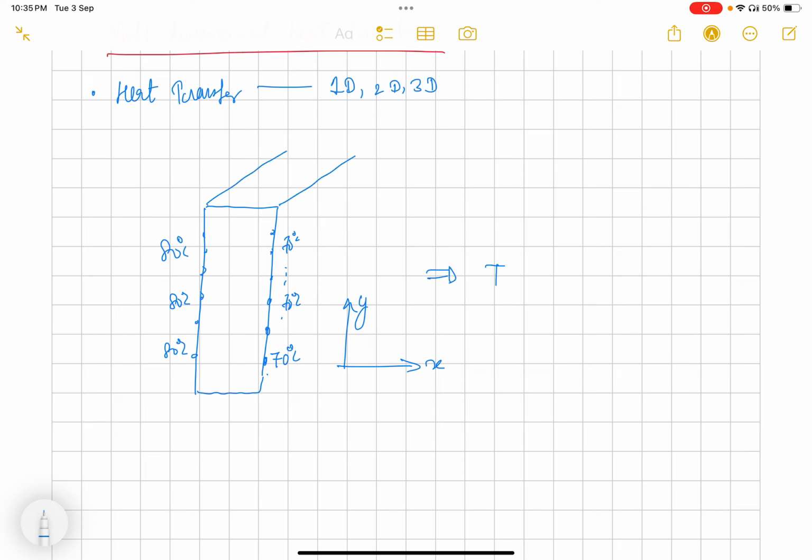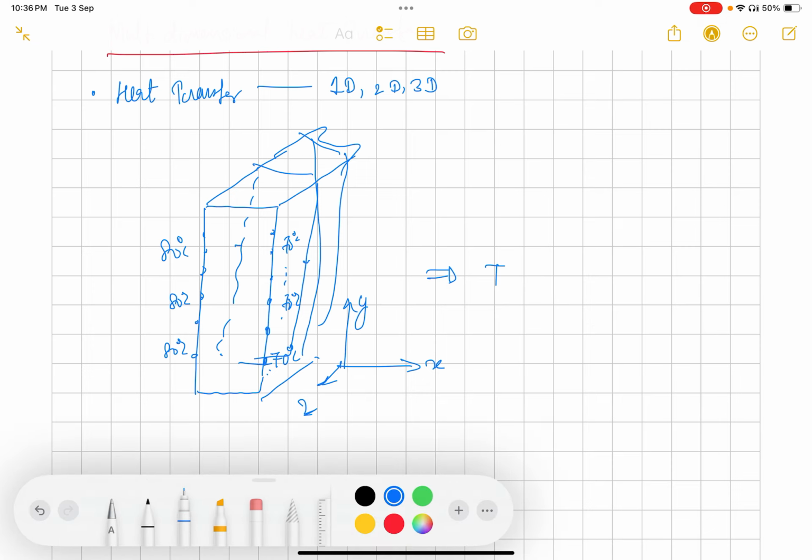And if we see the third dimension, then it looks like Z. So at every cross section, we can find the same profile along the Z direction of the wall. So if it is the same profile at every cross section, and if there is no variation of temperature in the y direction, and the only variation is there in the x direction, as we can see here.